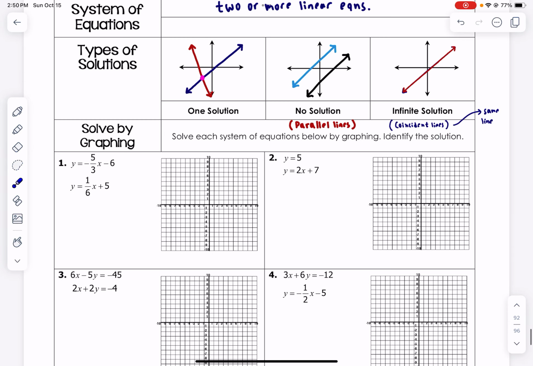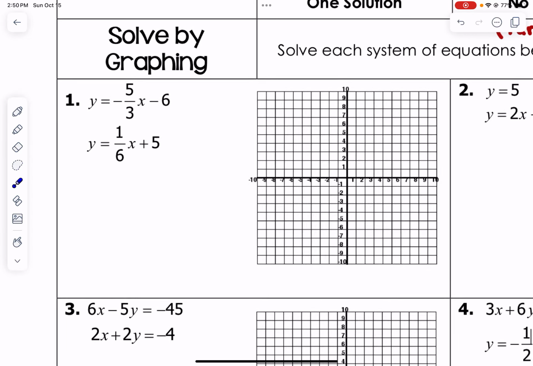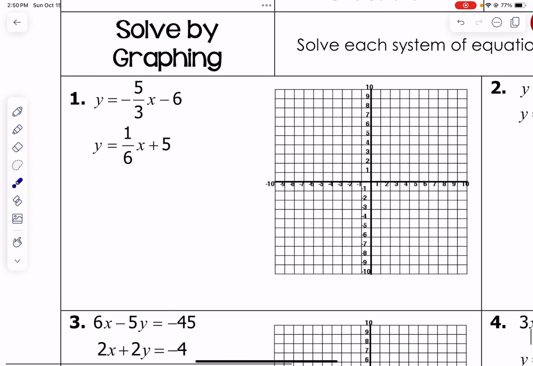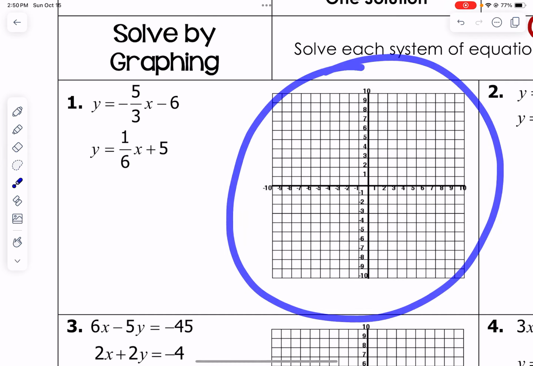So let's look at how to solve a system of equations by graphing. This is the first method of solving systems of equations. The first method is always to try to graph if you're given a coordinate plane.